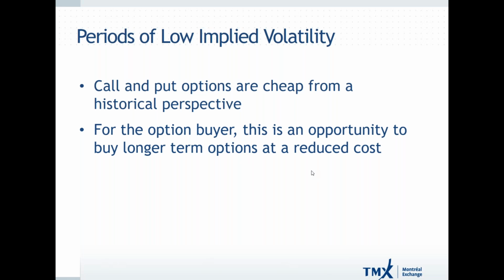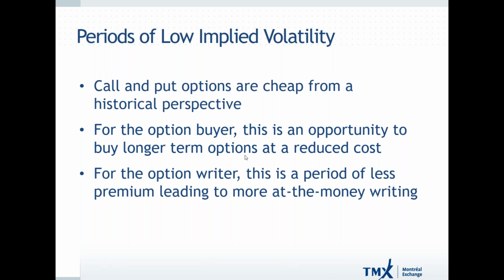So we're basically putting two of the option pricing variables in our favor when we're right about the directional bias, but we also recognize what the volatility state is of the contract.